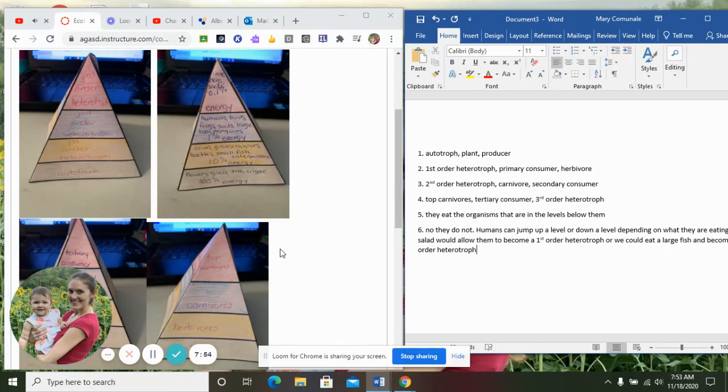And we could also eat within our level as well if we wanted to. But I'll leave it as that.